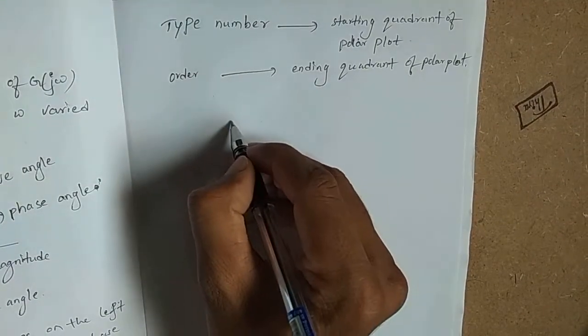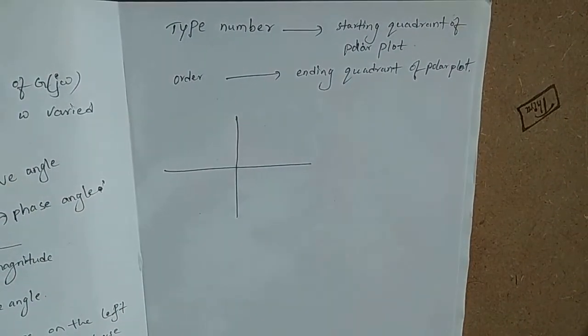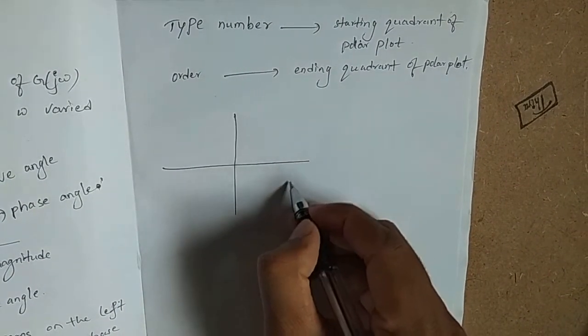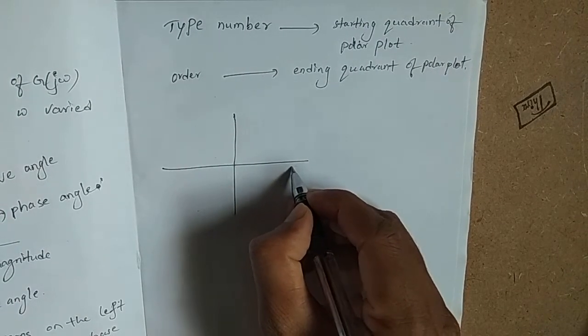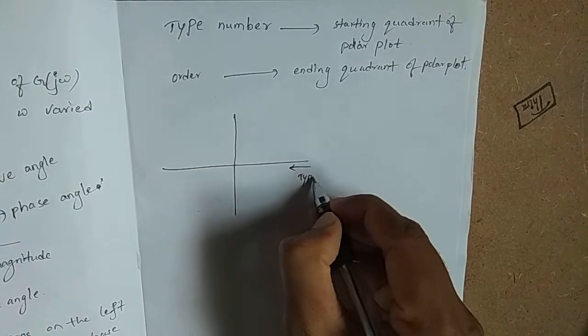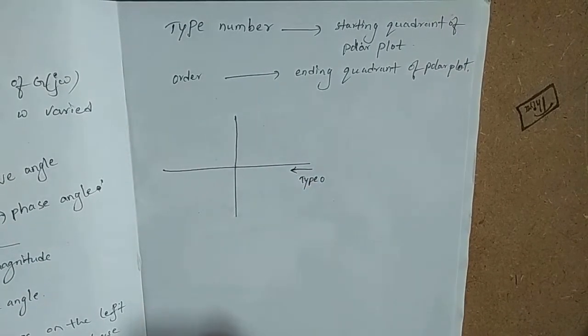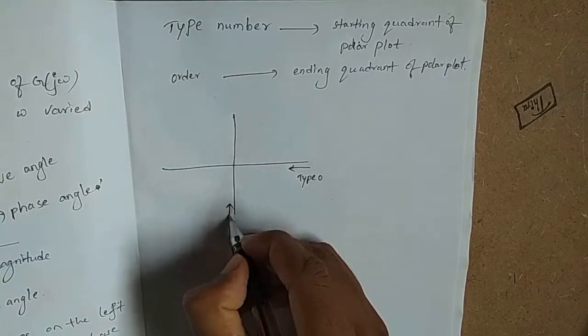Just look at these two figures. If type 0, the polar plot starts from here. If type number is 1, then the polar plot starts from here.